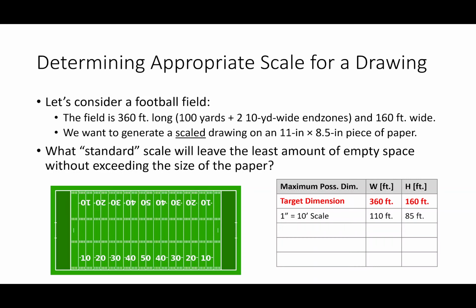Does this make sense for an 8.5 by 11? Would you put a football field on an 8.5 by 11 sheet at that scale? No, it's not going to fit. And keep in mind, this is just the object. We still have the title block and all that other stuff to consider.